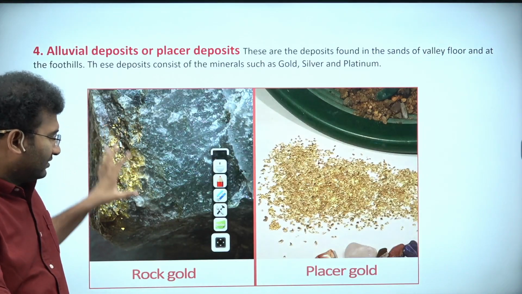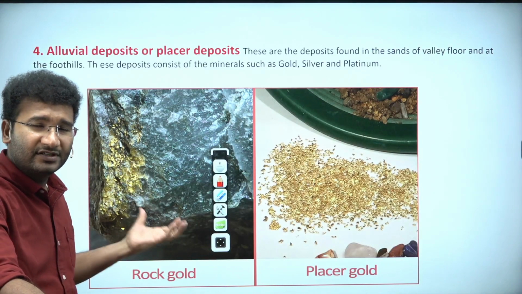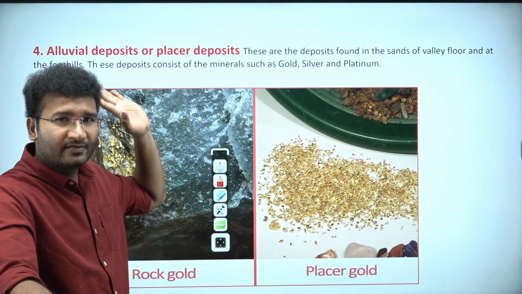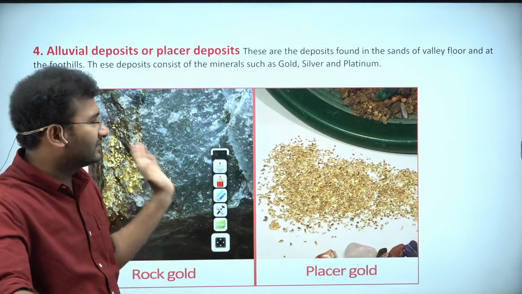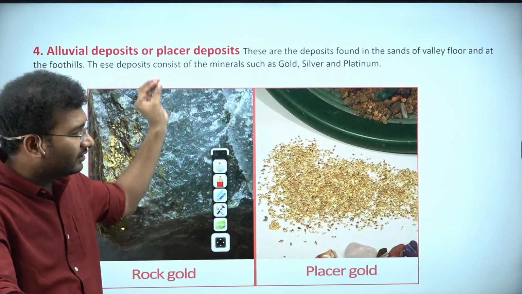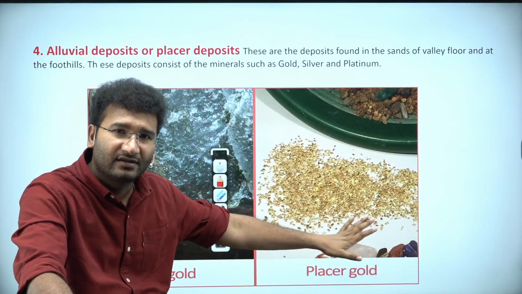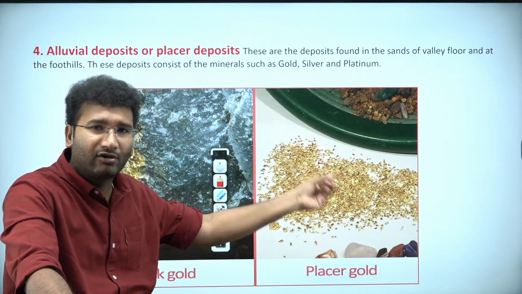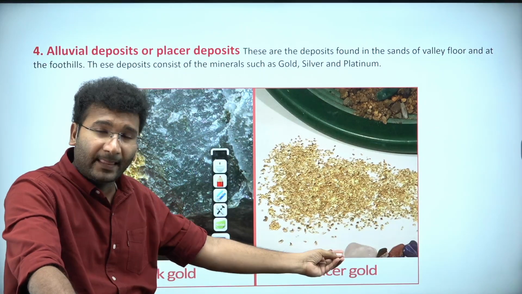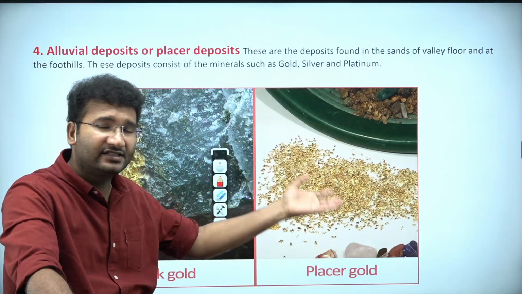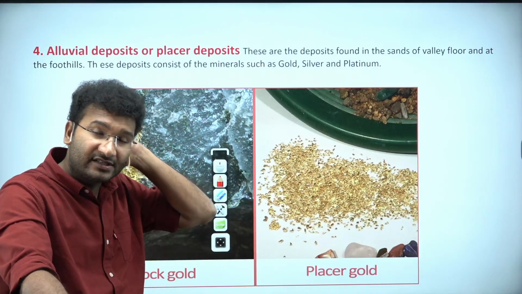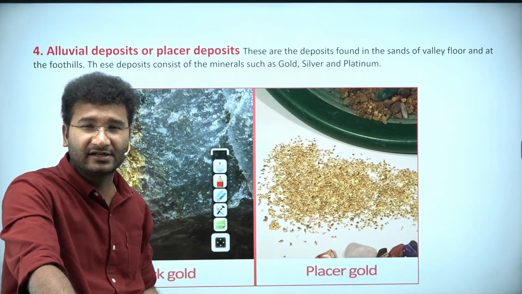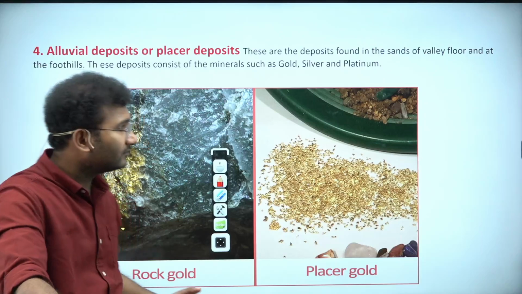You see, this is rock gold. This rock gold might be at X source, and the river might have disintegrated this rock, and later those materials were deposited elsewhere, right? The source is somewhere else and the material was found somewhere else. So in these conditions, these are your placer deposits. Your minerals can also be present in the form of placer deposits, right?